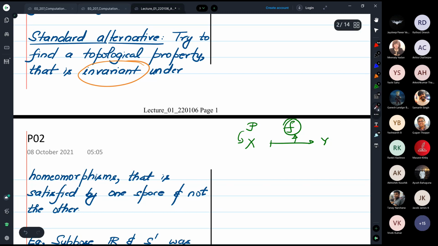So if there is a property that indeed is invariant under homeomorphism, then one would expect that if X and Y are homeomorphic and there is a property P that is true of X, then that same property should also hold for Y, right? So we try to find such a property, and in case we manage to identify a property which is true for X but not true for Y, then one can conclude that X and Y are not homeomorphic.